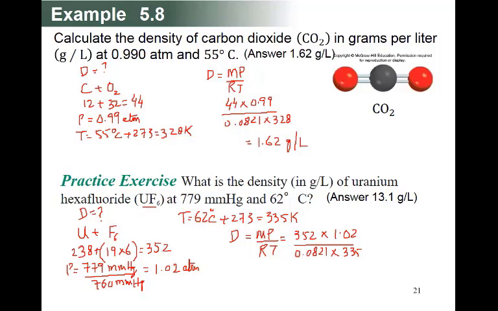So your answer will be 13.05 by calculator, and when you round it, this will be equal to 13.1 gram per liter.